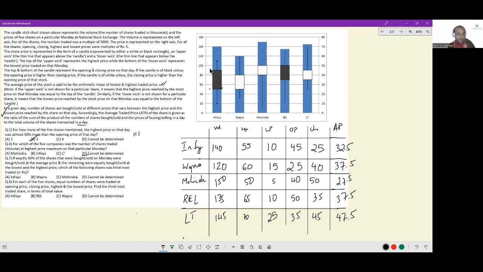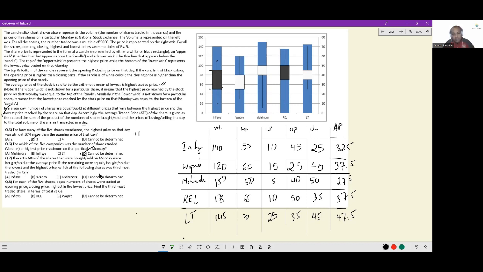Even if they had given us average trading price for the day, then maybe we can do some sort of maths. But right now, nothing is possible. And therefore, the answer to the question has to be cannot be determined. You cannot really find out which company ended up having the maximum number of shares traded at the highest price. This is impossible.